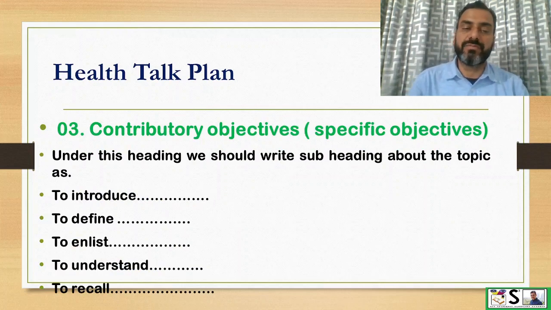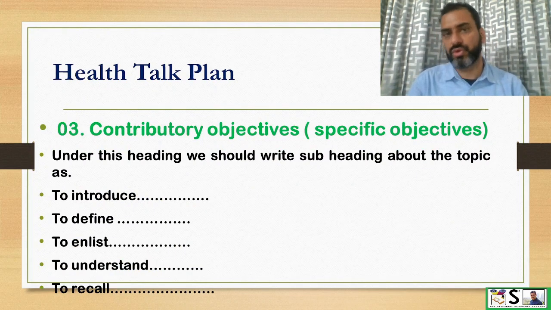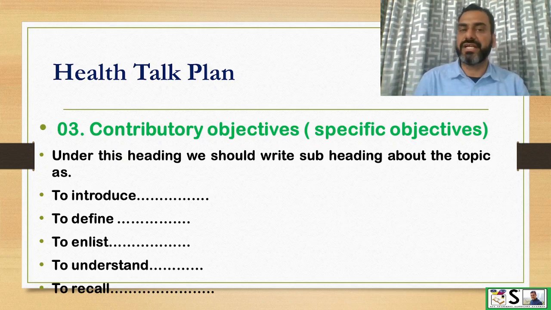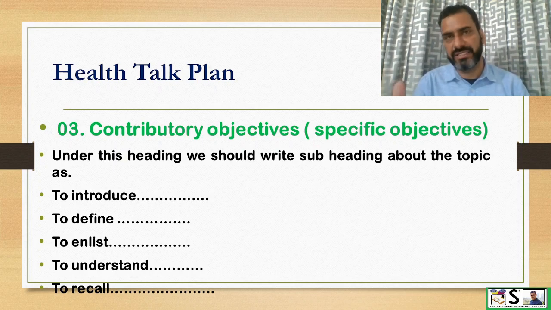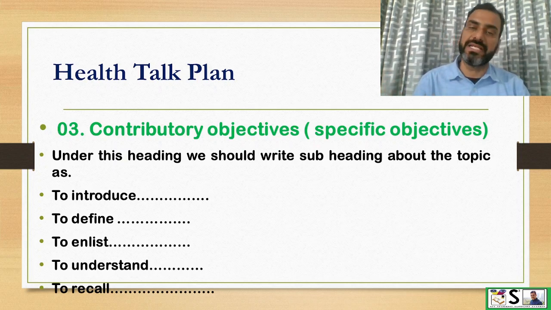Then third point, contributory objectives or specific objectives. Under this heading, we should write subheadings about the topic and start with to introduce. First of all, you will introduce yourself, to introduce the health talk provider, to define the disease, to enlist causative factors of the disease, to enlist clinical manifestations of the disease.